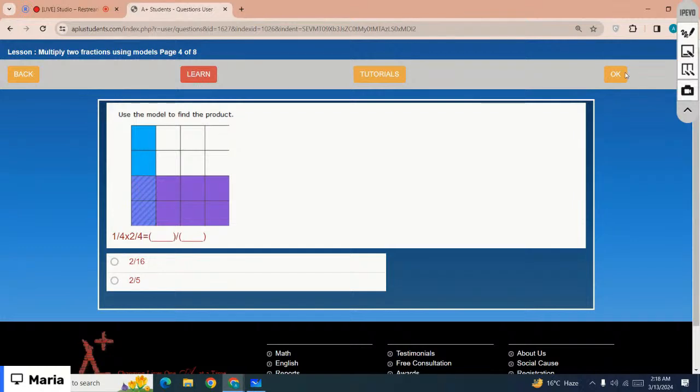Okay, the next one is use the model to find the product. So which is the correct option? 1 by 4 times 2 over 4. So which is the correct option? Yes, that is 2 out of 16. Option number 1 is the correct option.